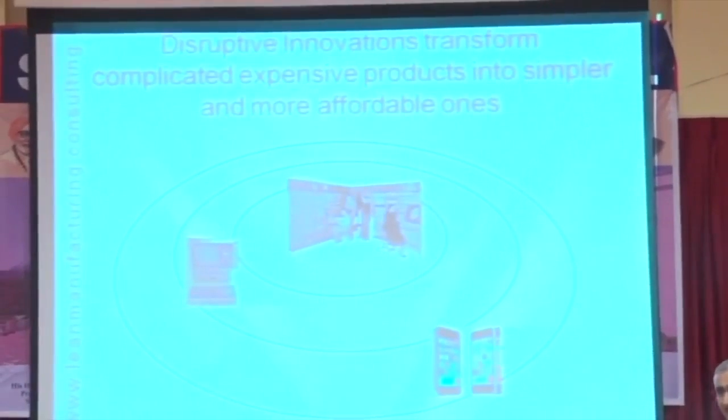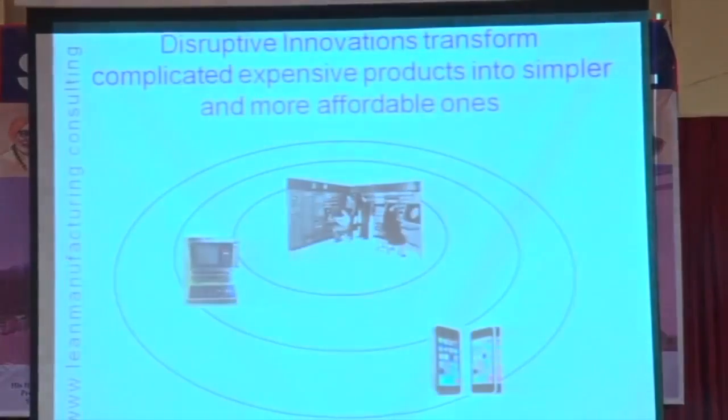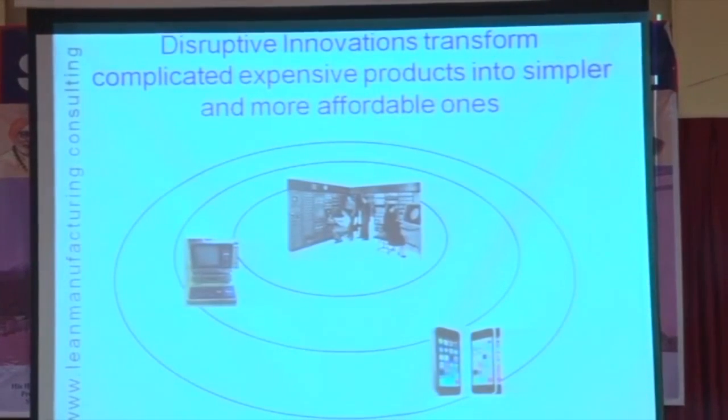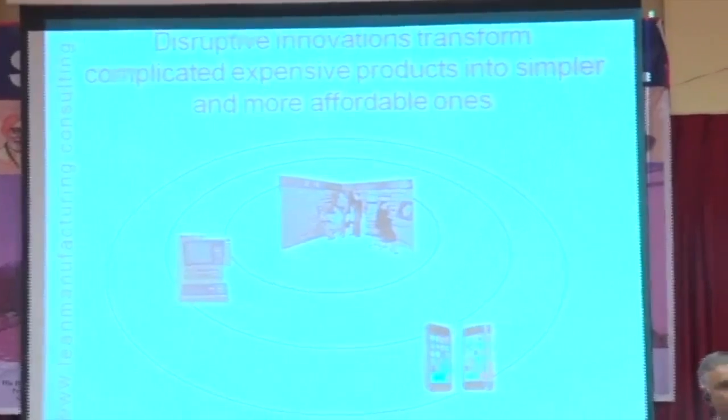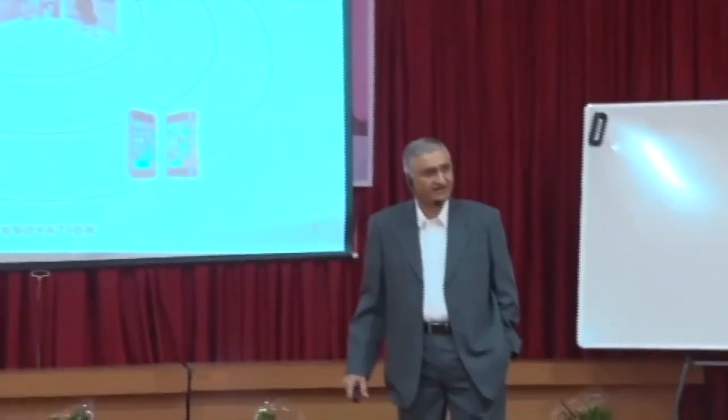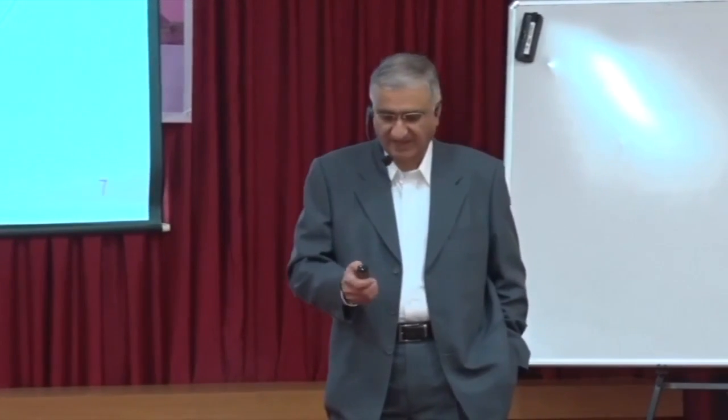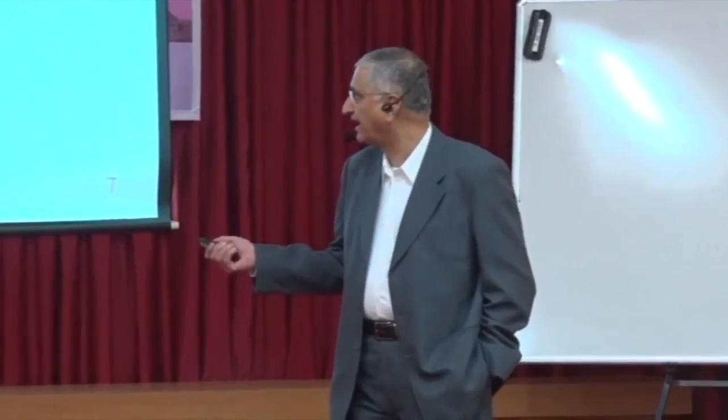If we go back some decades in history, a computer was so expensive that it would cost almost $2 million to buy one. And only the very rich institutes or very large businesses could afford one. But during the decades that followed, we had disruptive innovations taking place, and we had the desktop computer.